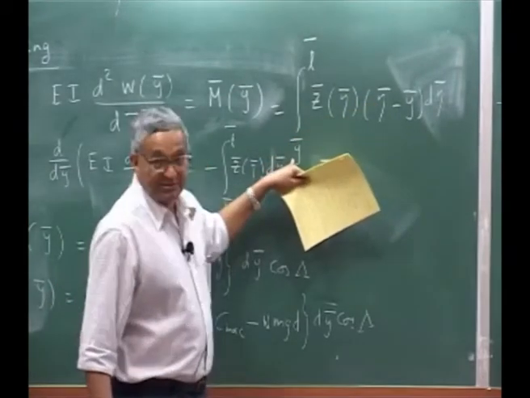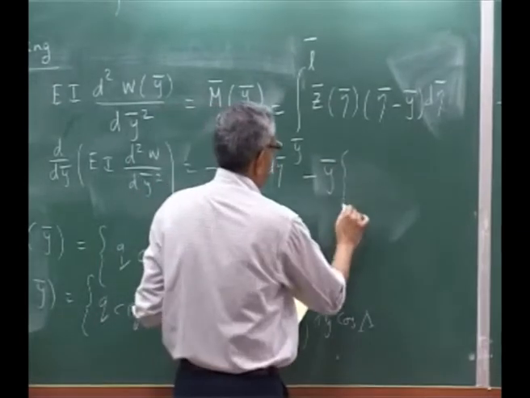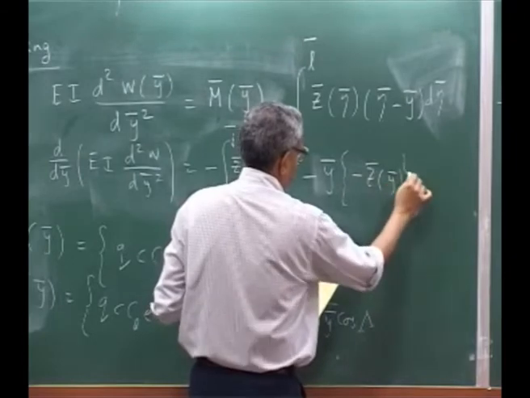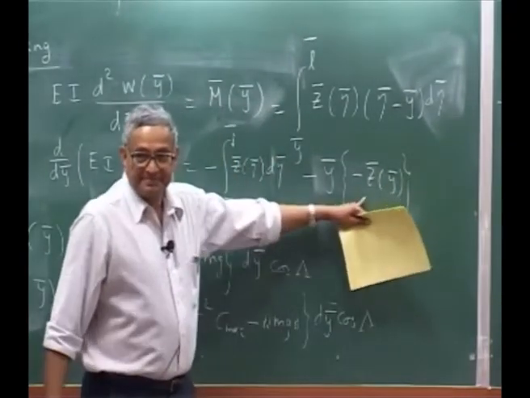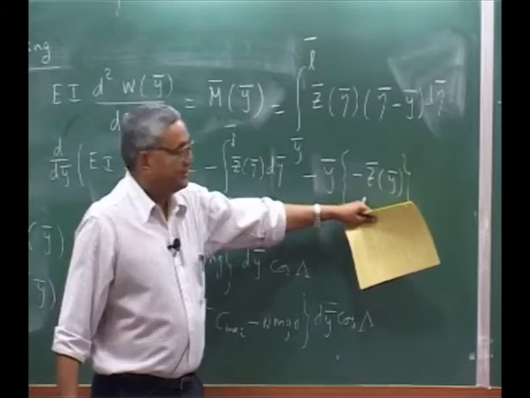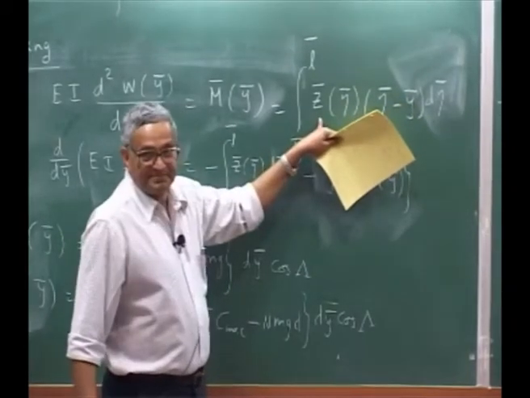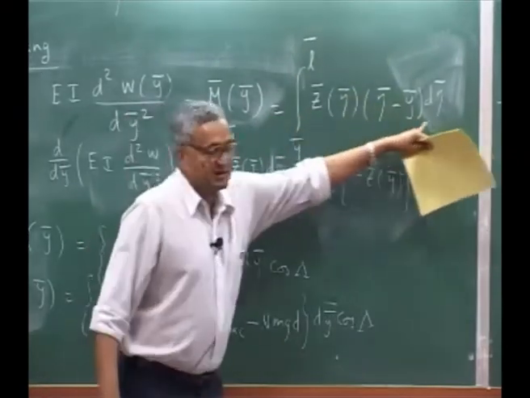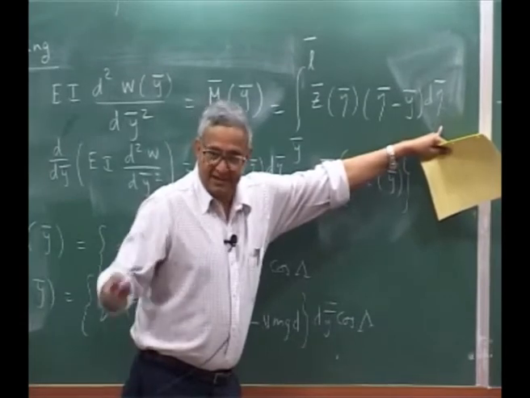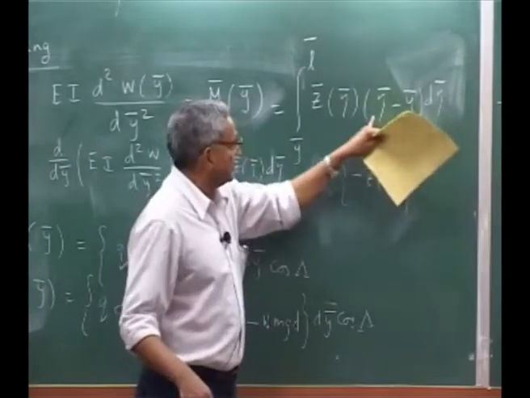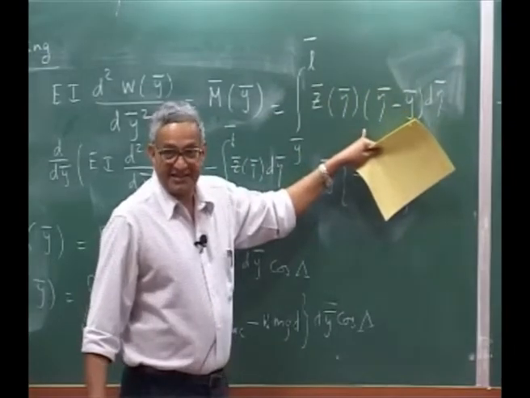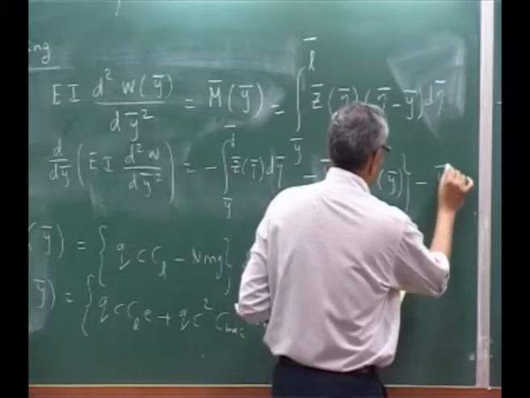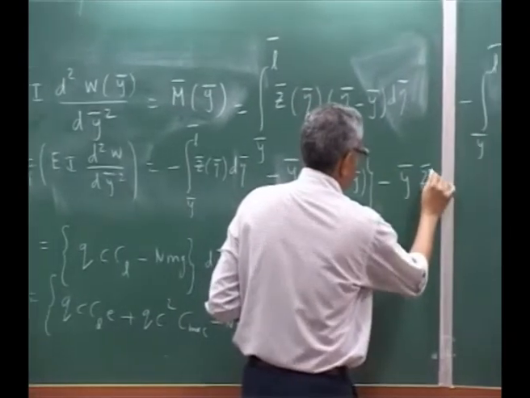Okay, but I have a minus, so this will become minus, and then this is another term, integral y bar f bar eta bar z bar eta bar d eta bar. That is the other term. If I differentiate it, I will get simply the same integrand, but since this is a lower limit, I will put a minus. This will become y bar z bar y bar.